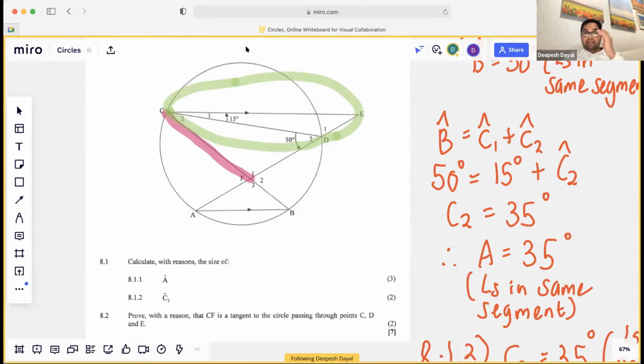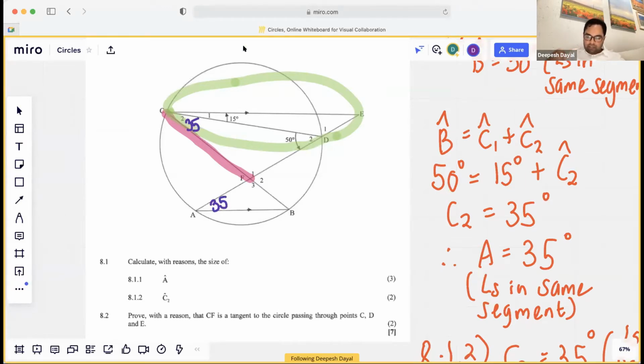So when we have anything with tangent, maybe if you can type in the chat, what sort of theorems do we use? What theorem do you think we'll use here, even before looking at anything? Yes, Benedicta, tan chord, right?